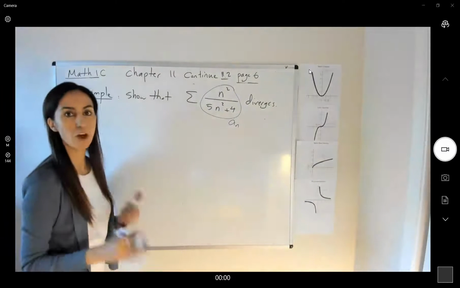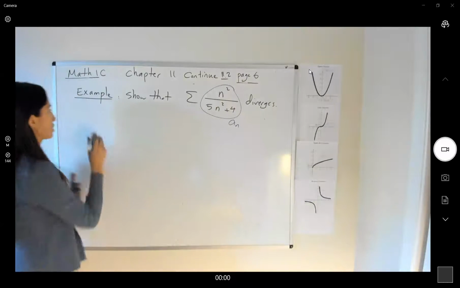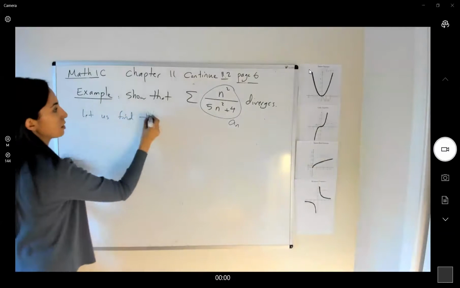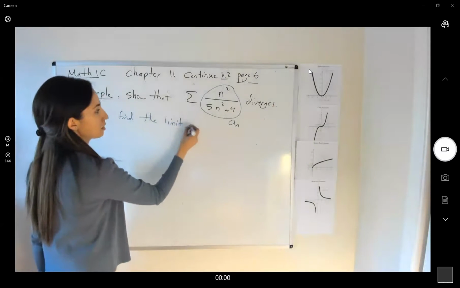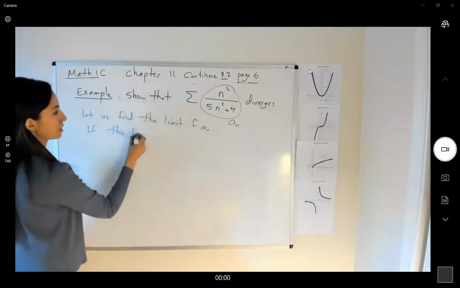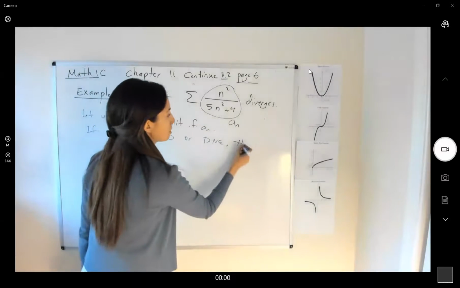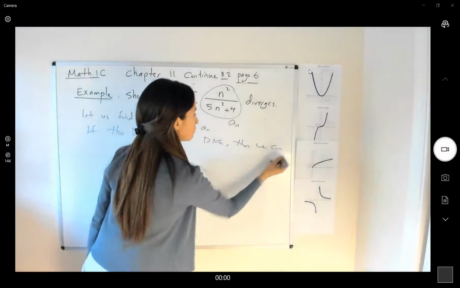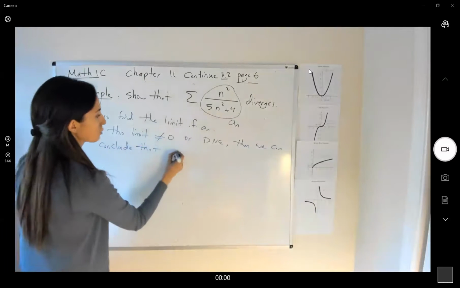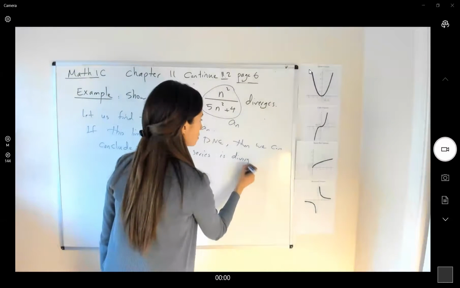If the limit is not 0 or doesn't exist, for sure I can say that the series is divergent. So let us find the limit of an.